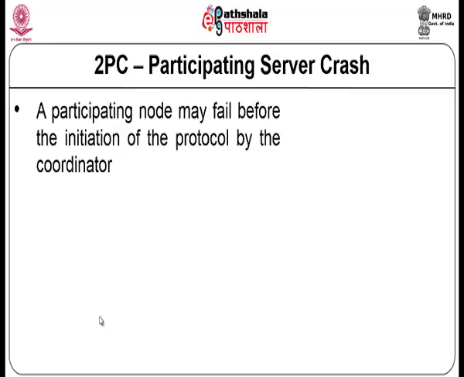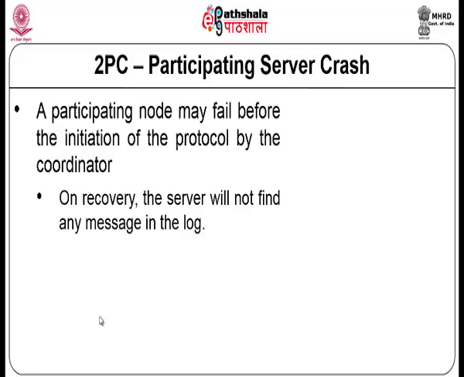Now, if it fails before the initiation of the protocol, so the coordinator has not yet sent a CAN commit and a participating server was in using transaction and it fails. When it recovers, the participating server looks at its stable storage, does not find anything. So, it will automatically assume that it is an abort.